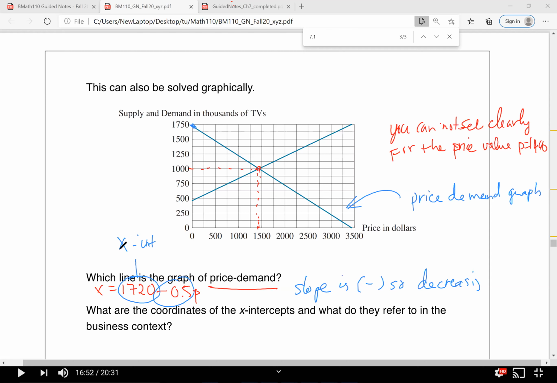So the intercept is at 0, 1720, and it's telling us that at price 0, we have demand of x equal to 1720 units or items.